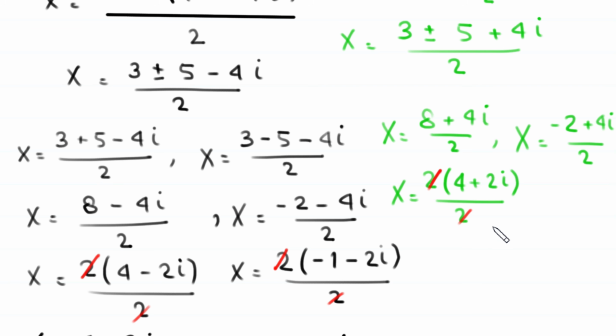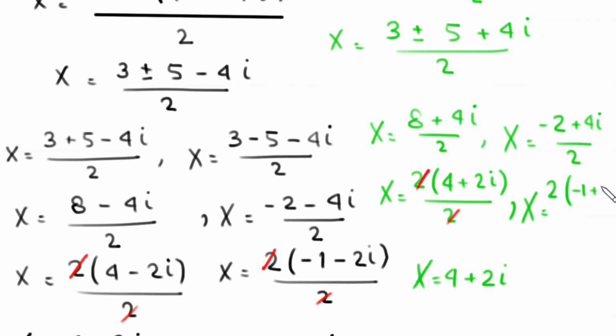We are left with x equal to 4 plus 2i, and from the other equation we can factor out 2 from the numerator, so x will be equal to 2 as common factor in bracket (negative 1 plus 2i) divided by 2. So this 2 will be cancelled out with this 2, and we get the fourth value of x equal to negative 1 plus 2i.